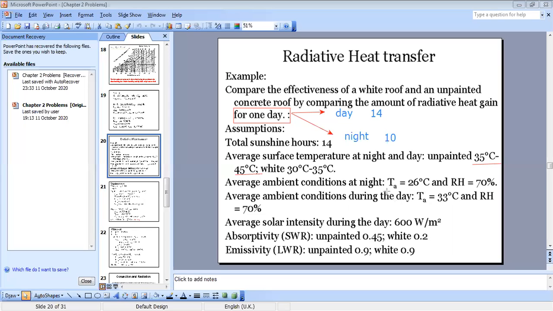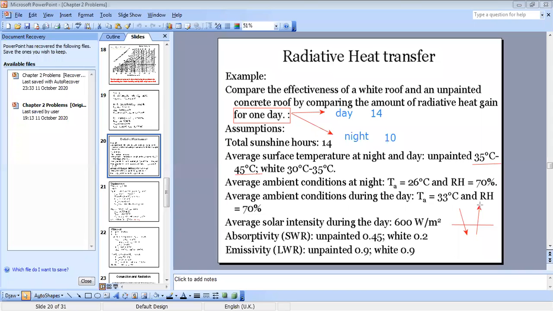Look, when you want to compare the effectiveness of a surface, you should not only calculate what it is emitting, what it is radiating, but also you should consider what it is absorbing, because a surface will absorb heat and radiate heat. So we want to see in total if the flux absorbed is equal or higher, depending on the condition, to see if it will have an overall cooling effect or an overall heating effect.